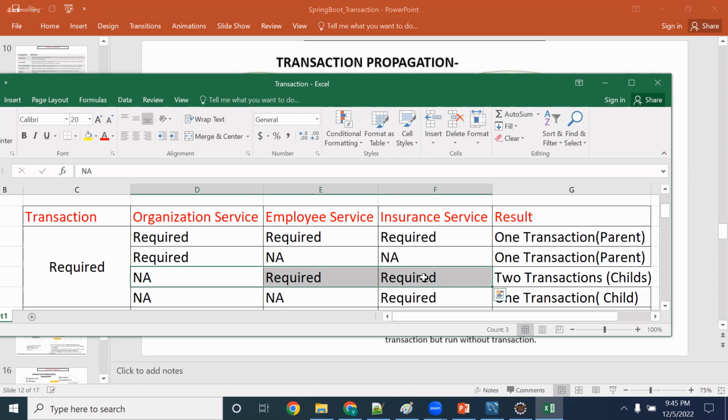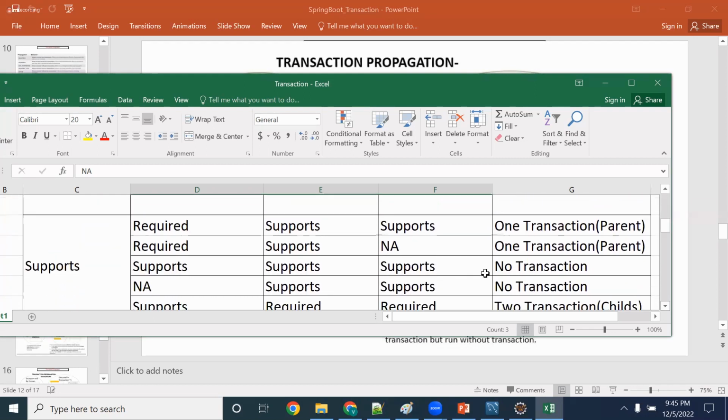But in case of supports, if you see required and supports, there is only one transaction, because the parent is already required, so the transaction object is there. Kid 1 supports, kid 2 supports, only one transaction object, a combined family, everyone will listen to each other. The second case is required supports NA. I'm not writing anything at the parent. At that time also, only one transaction object.